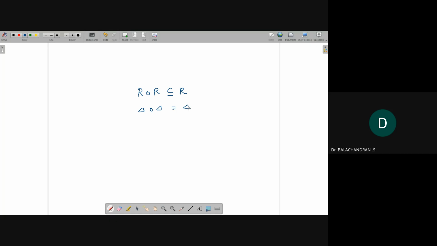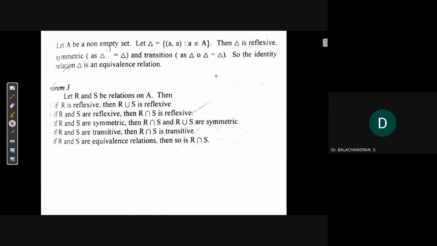If it is equal to delta, it will satisfy the condition, either subset, proper subset, or maybe equal. So delta satisfies this condition. That's why delta is transitive. So reflexive, symmetric, transitive, and hence the identity relation delta is an equivalence relation.